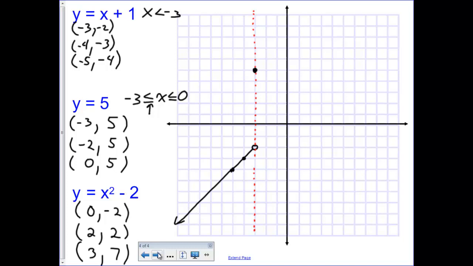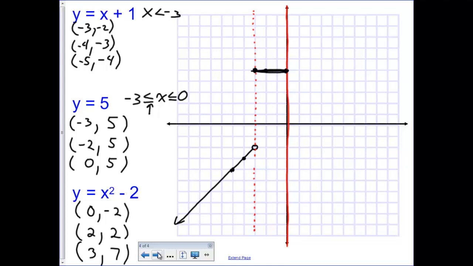Then -2, 5, and 0, 5, which should be here. And my limit on that is 0, so I can't be bigger than 0. So I'm going to draw a vertical line. That's my boundary line for my second piece of the function. Then I'm going to just draw my horizontal line between those points. So there's the second one.